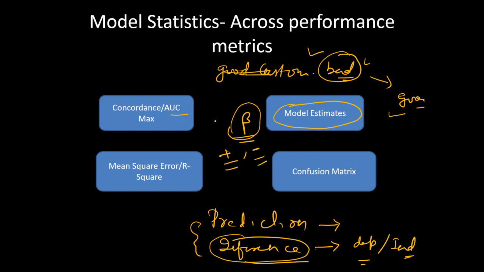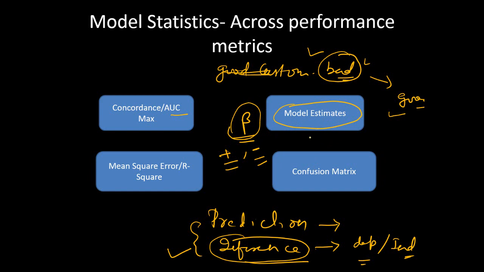So in place of looking at the model performance, if your objective is knowing inference, you should see that the beta values of your model are consistent across all the samples that you have taken for validation.